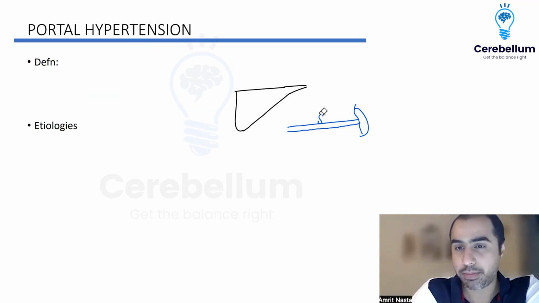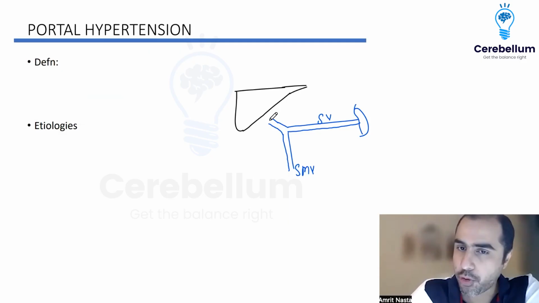SV is splenic vein. Then there is another big vein that comes from here, which drains the blood from the intestines, the superior mesenteric vein. They come together, they form the portal vein. And at the start of the day, I told you the portal vein will split into left and right portal vein. Left will go to the left lobe, right will go to the right lobe.